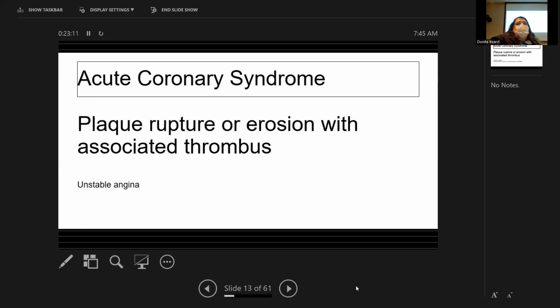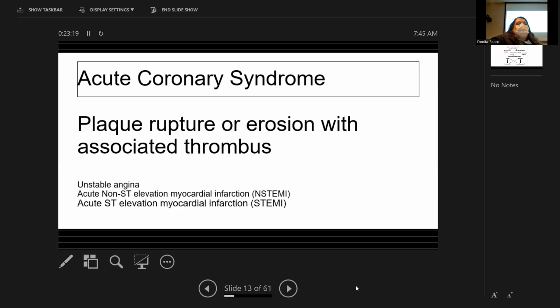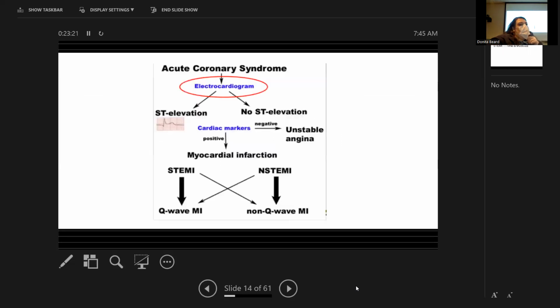So the three acute coronary syndromes are unstable angina, acute non-ST elevation myocardial infarction or NSTEMI, and acute ST elevation myocardial infarction. STEMI is kind of easy, right? It's an EKG diagnosis. If somebody has classic ST elevation and reciprocal changes, that's a STEMI, and you move on to that pathway.